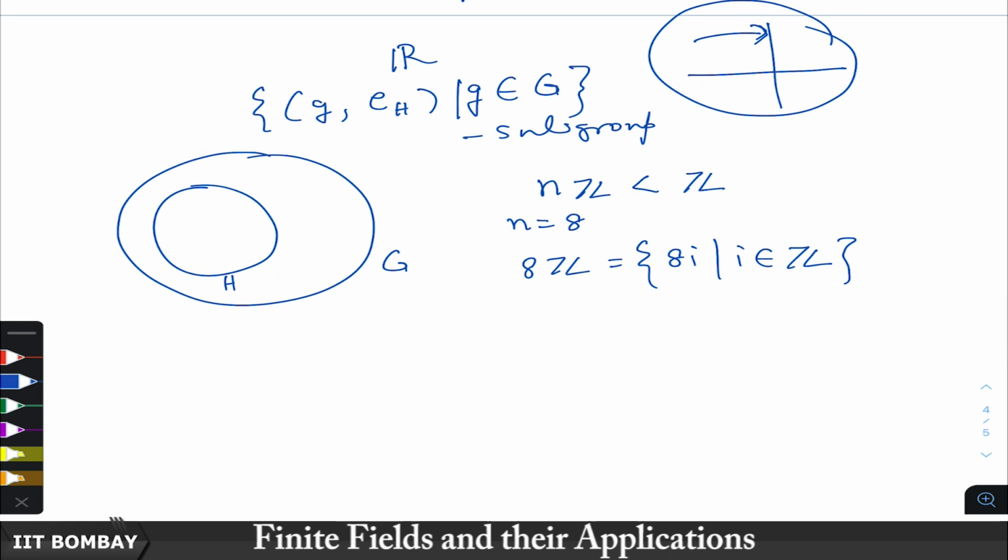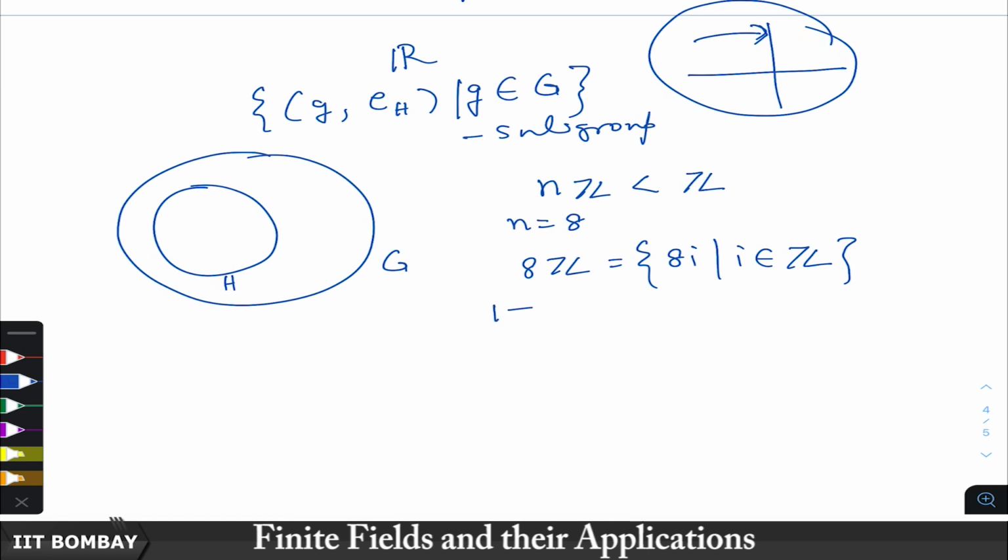Now, we know that there are these congruence classes of 8. So, they are obtained by adding 1 to this whole set, adding 2 to this whole set, adding 3 to this whole set, and so on.